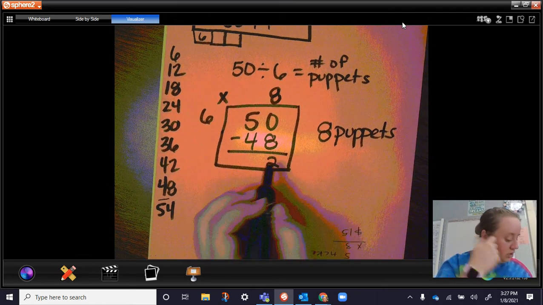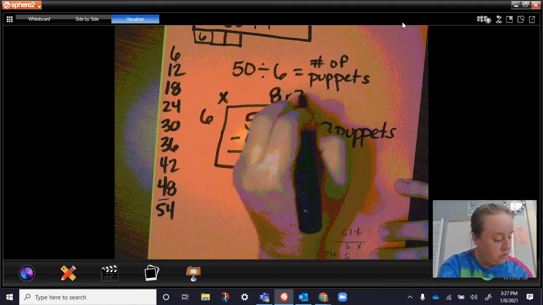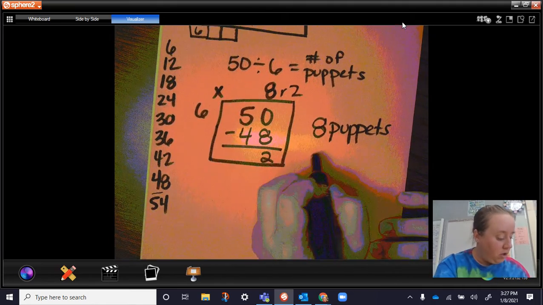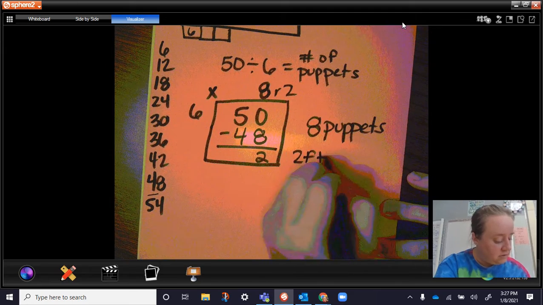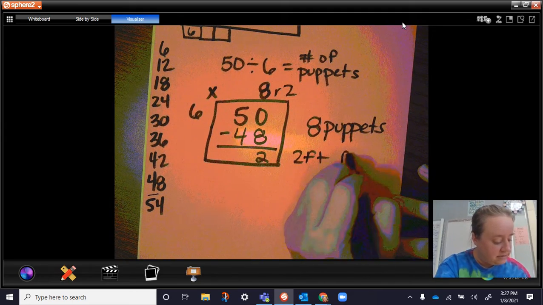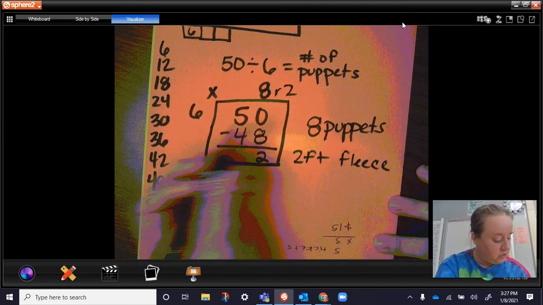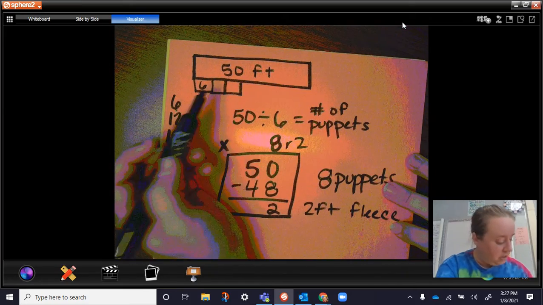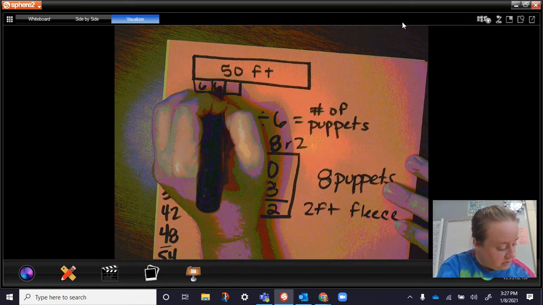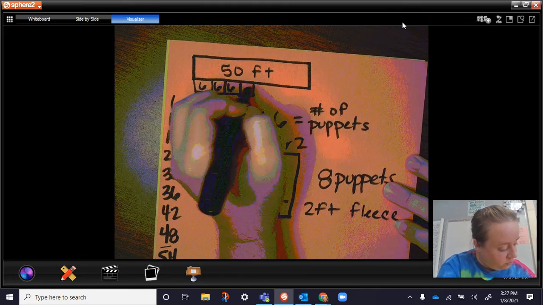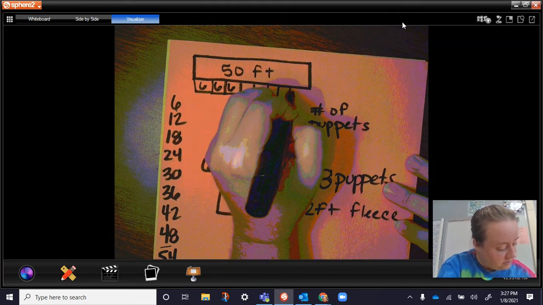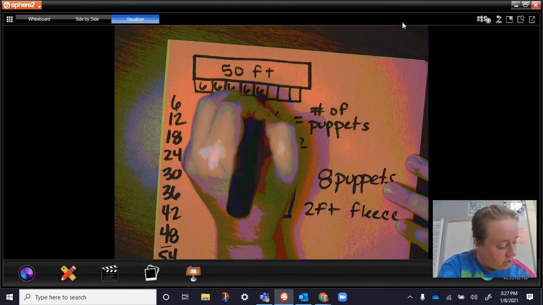And this remainder 2 that's left over, there are 2 feet of the fleece that's left. Because remember, when I was back up here, that means that I can take out 8 groups of 6.